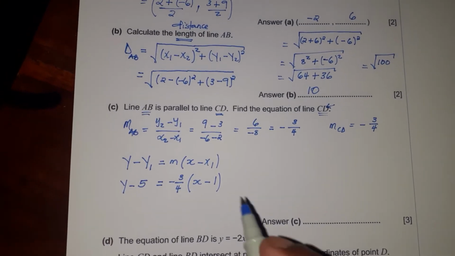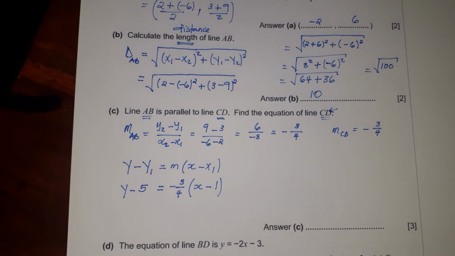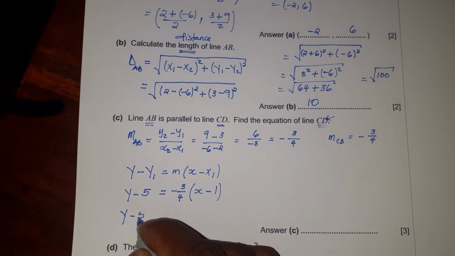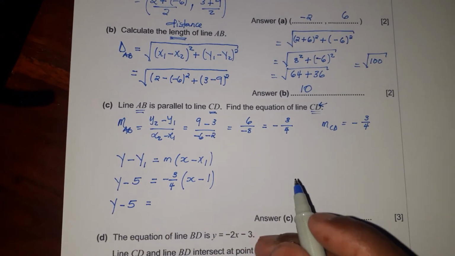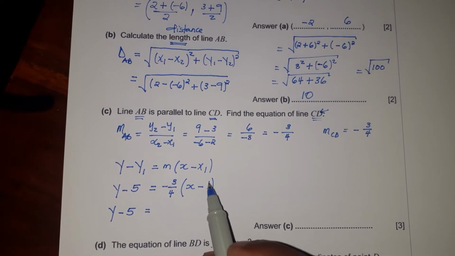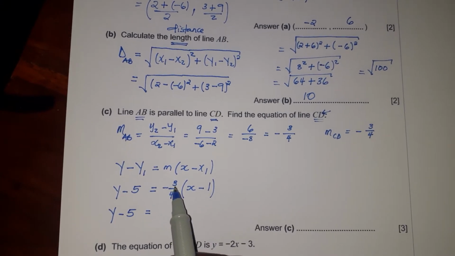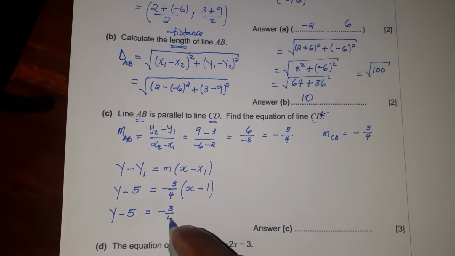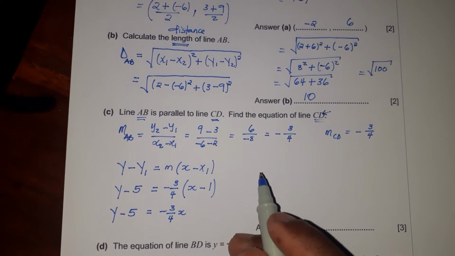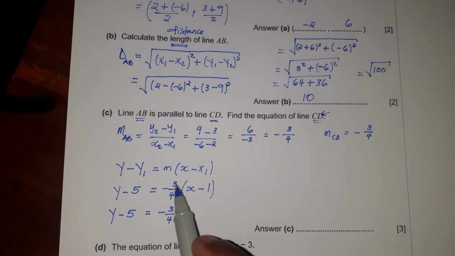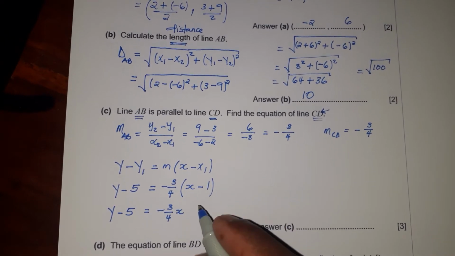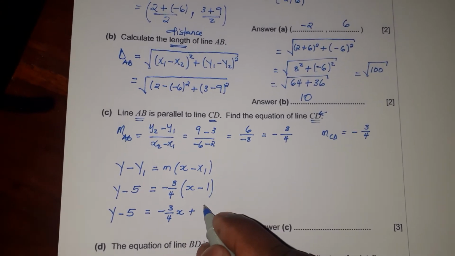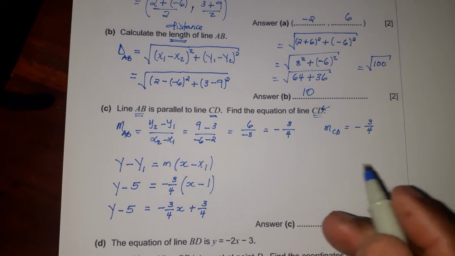Now we have to find the equation. Therefore, what we do, we have y minus 5 equals to, we now have to expand this bracket here. We multiply negative 3 over 4 by x to get negative 3 over 4x, and then we multiply negative 3 over 4 by negative 1. Negative and negative becomes positive. 3 over 4 by 1 is just 3 over 4.